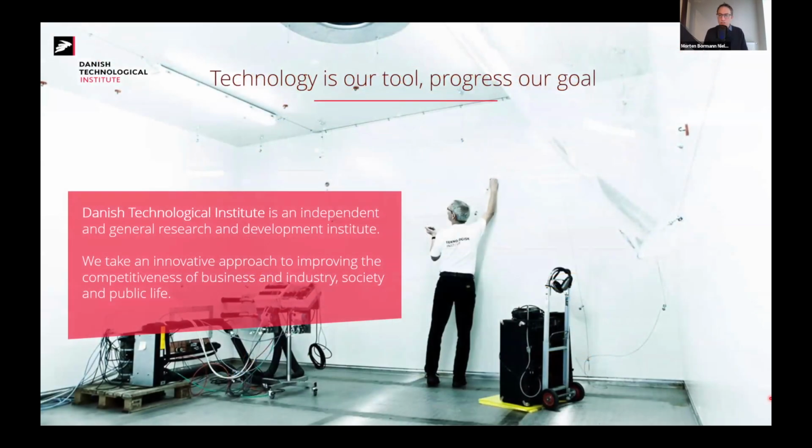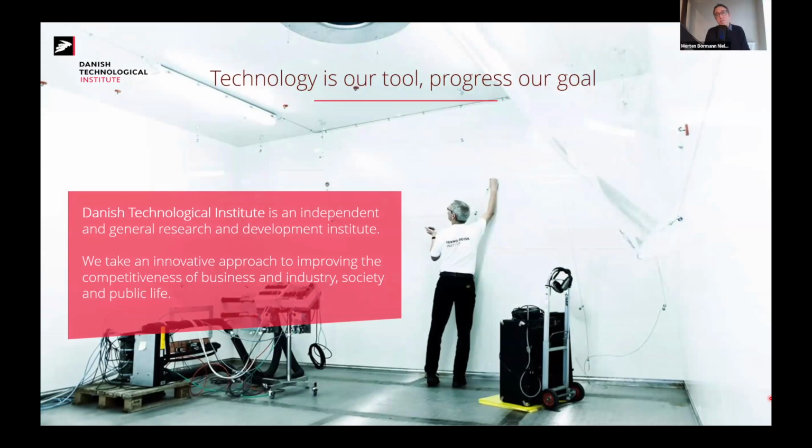Just a little bit of context of who my organization is, because this is a very multinational crowd. The company I work for is called the Danish Technological Institute. We are a research and technology organization in the sense that we own ourselves and we exist to increase the competitiveness of industry by implementing technologies as they show up.